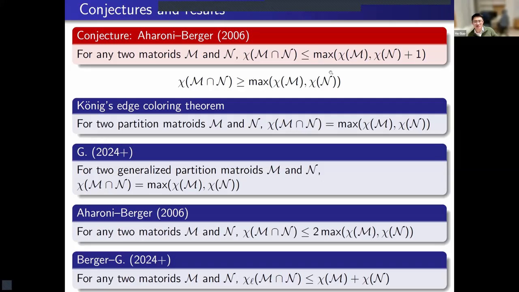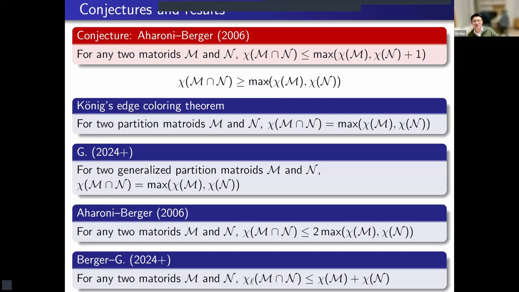So here is the trivial lower bound. Because if you can choose some common edges from M and N to cover the vertex set here, then because they are common edges, each is also from M or from N. So it means the chromatic number here is at least each of them.